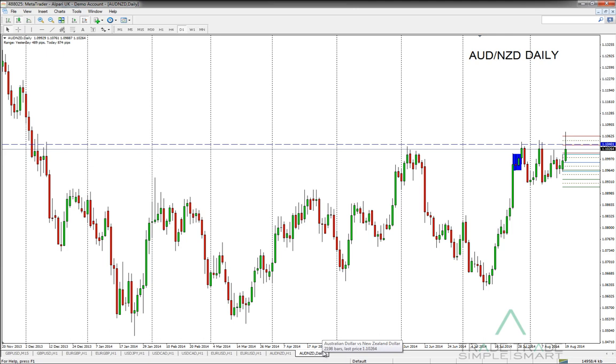So if we go to the daily chart, which gives us a wider view as to what price action has done, we can see that the last time the same level of 104.02 was hit was back on the 12th of December. So we're talking some 7 months ago that this level was hit.